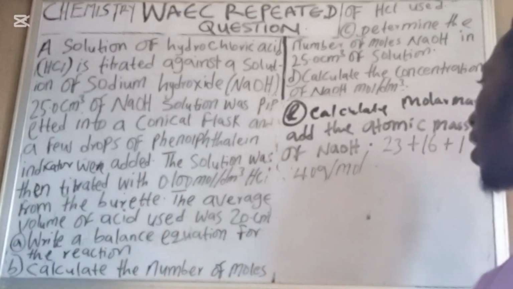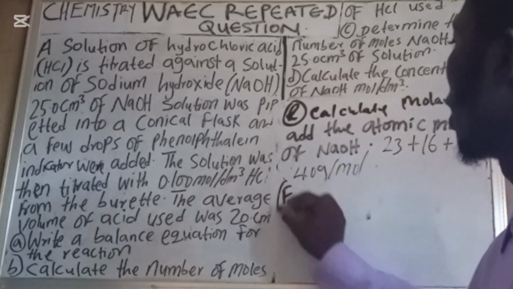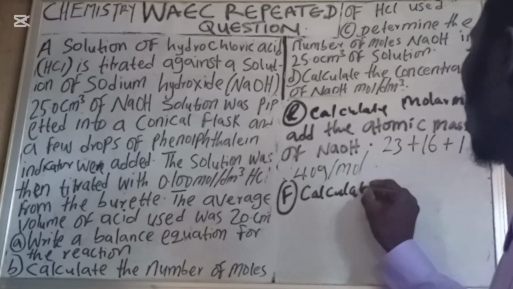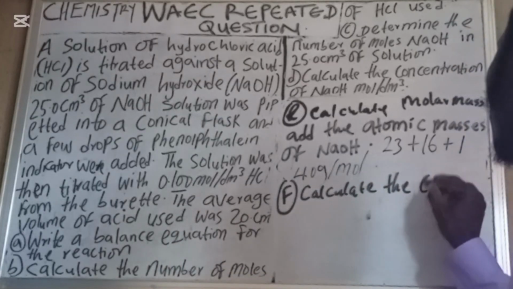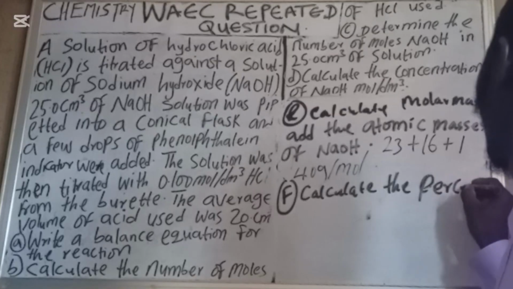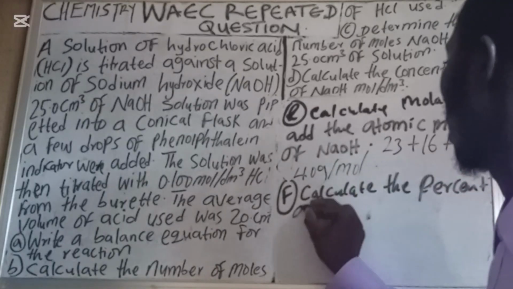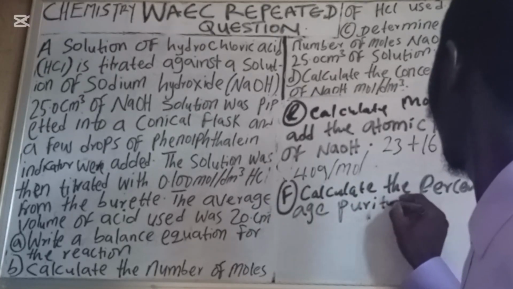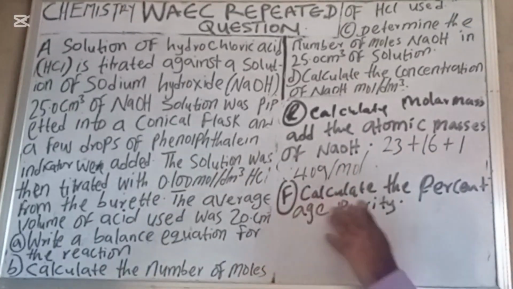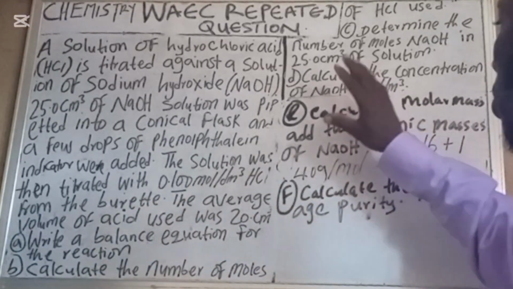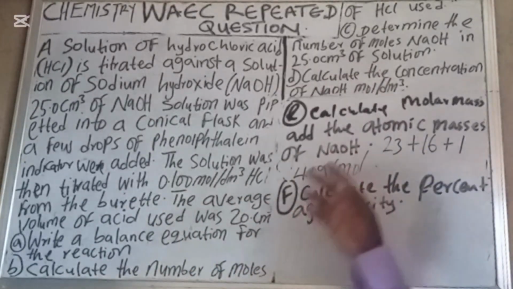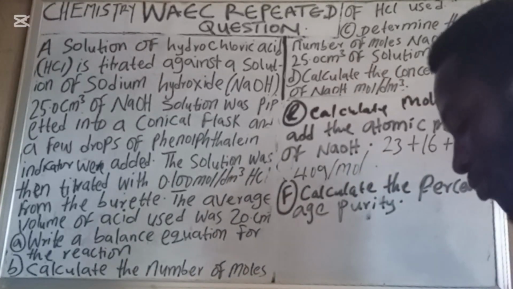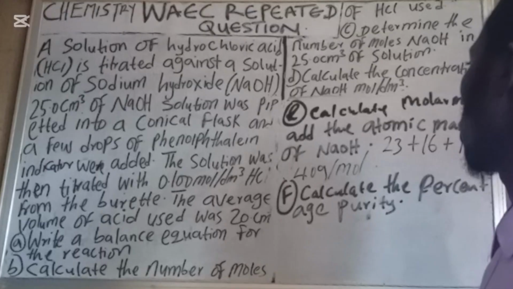The last question we have in this question is F. F says that we calculate the percentage purity. So we are to calculate the percentage purity of sodium hydroxide that was dissolved, whether it is pure. Now, the first step we are to look at here is the mass of sodium hydroxide.